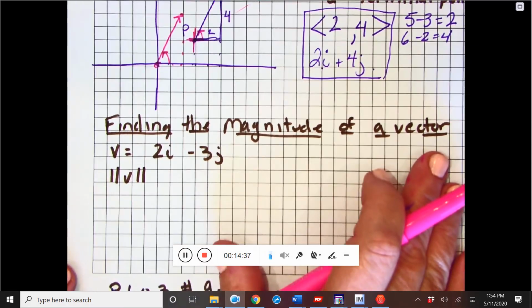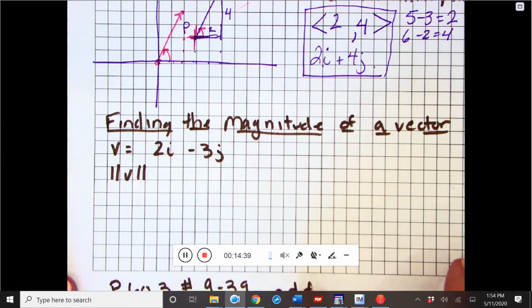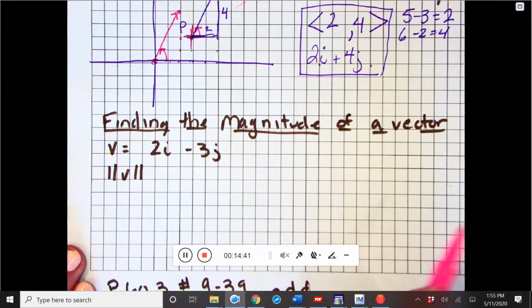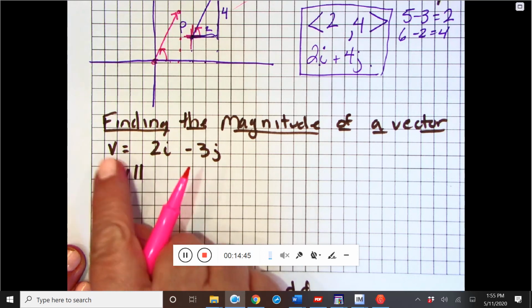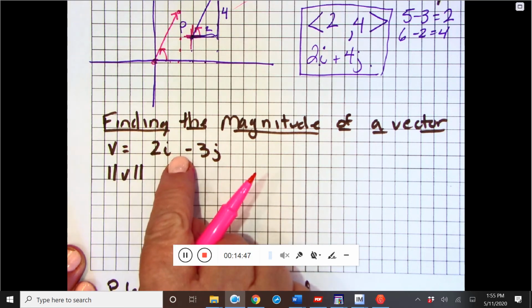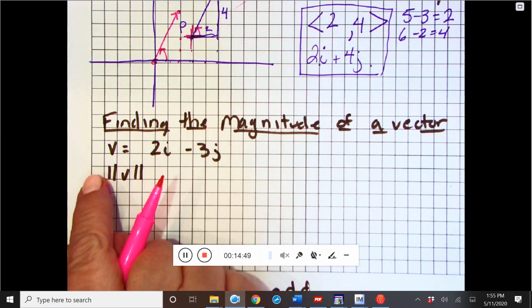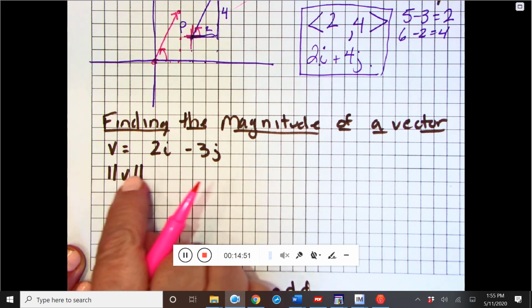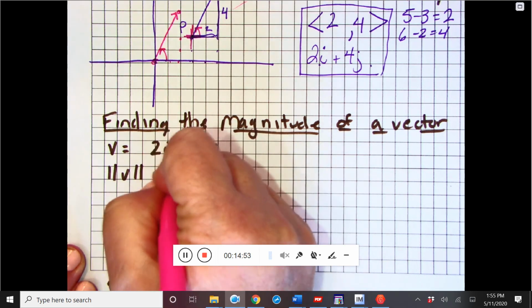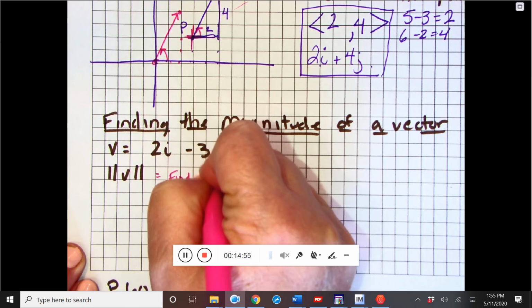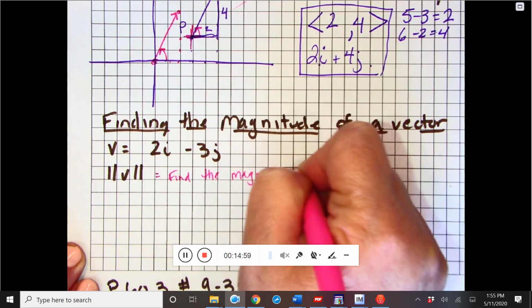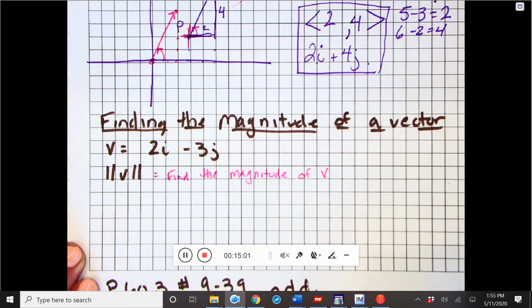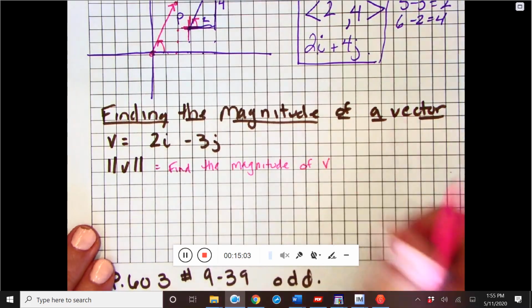The magnitude and the length are the same thing. And it's indicated by 2 double bars. So if this is vector v, this symbol here with the 2 bars around v means find the magnitude of vector v. So let's go ahead and graph this vector.